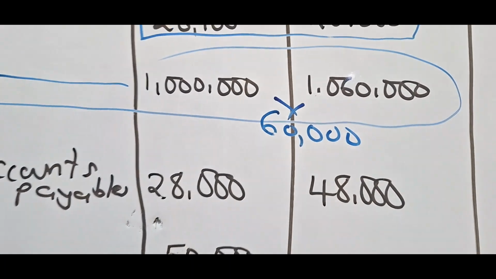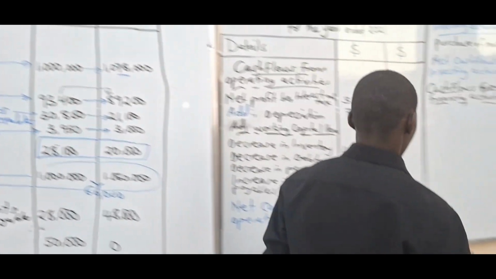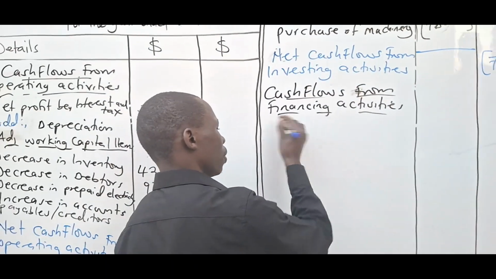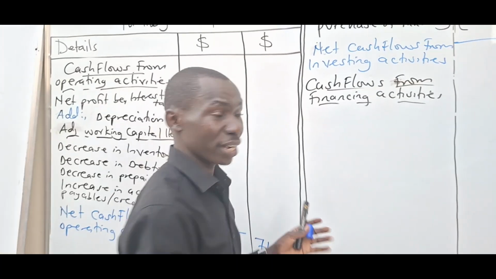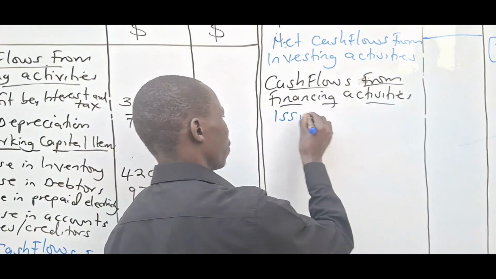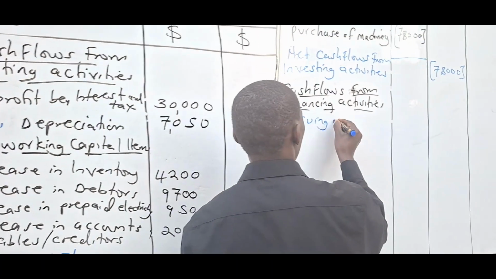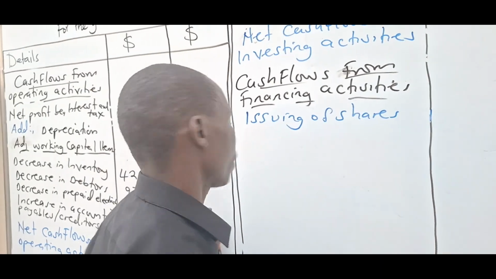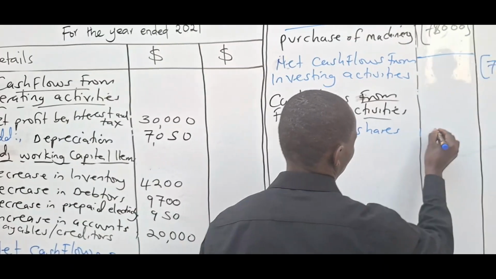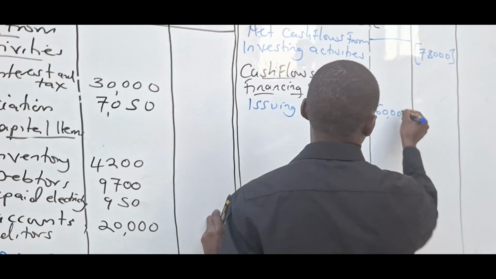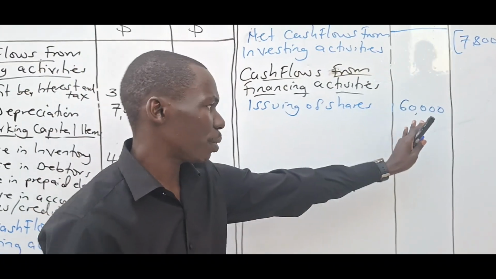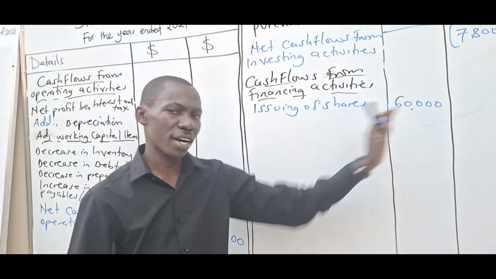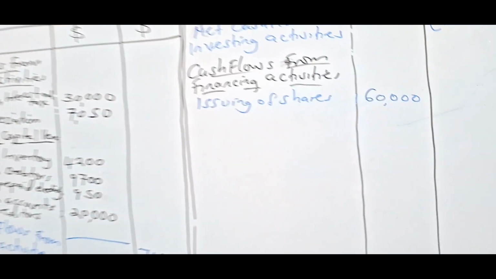We take the other side, and here I will put increase in shares, but the right word will be issuing of shares, because shares increase by issuing. How much? 60,000. Since you are receiving money, it is treated as a positive figure to show that this is cash coming in, or cash inflow.